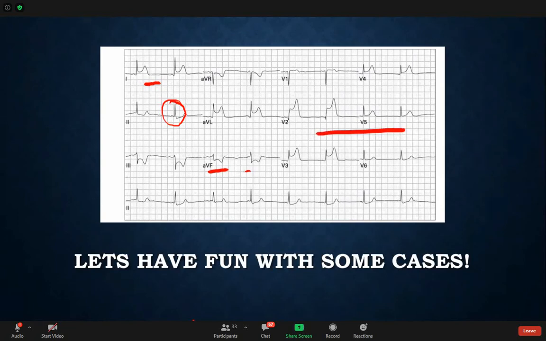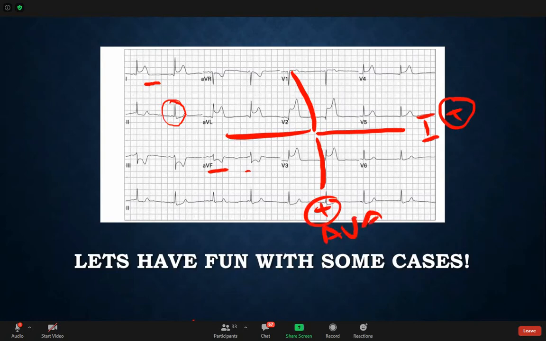Let's go back. Here, this is how we used to memorize the opposite, right? We said positive lead 1, positive AVF here, negative AVF here. This is the explanation for what we didn't understand before. When we look at this ECG, lead 1 is positive, right? The R is bigger. Lead AVF, if you count, maybe 2 small squares positive, maybe 4 small squares negative. So mainly it's negative, right? So I'm in this quarter.